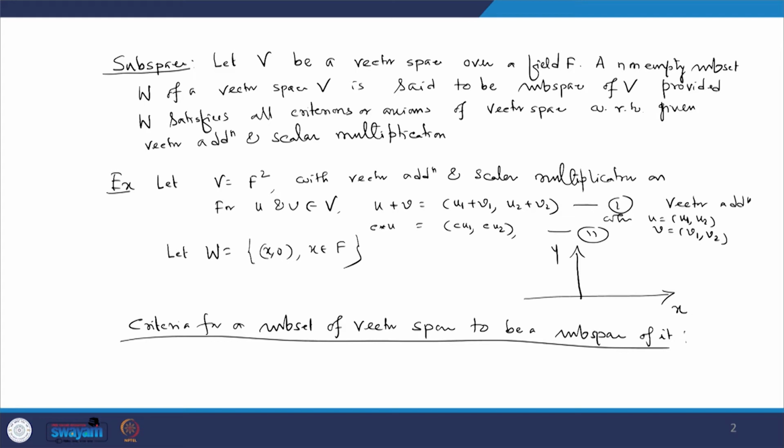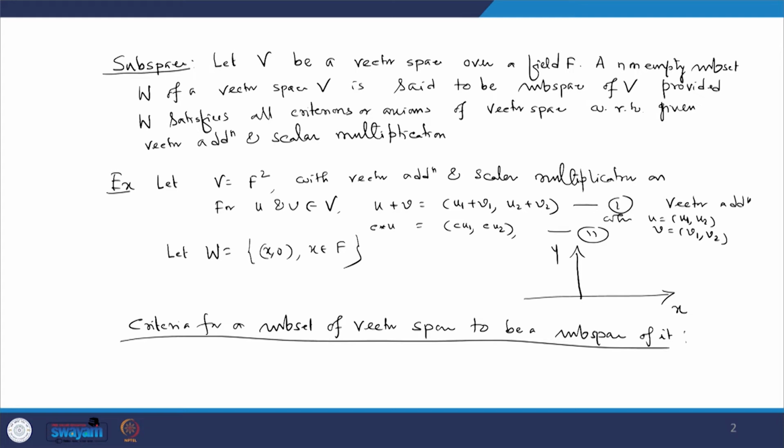If I consider that W is a subset of a vector space V, then certainly with respect to scalar multiplication W will satisfy it. Apart from the closure property, all other properties hold good, axioms of the vector space only.